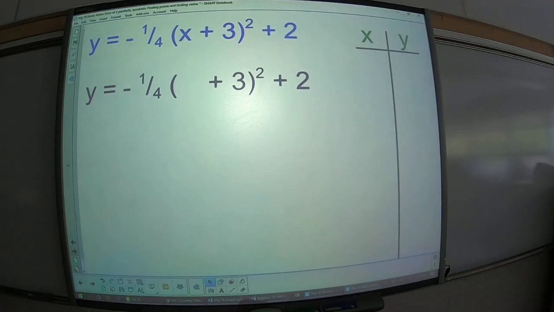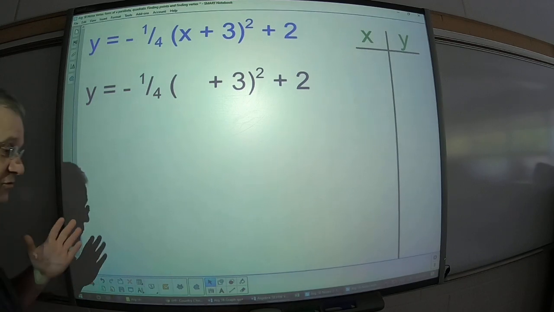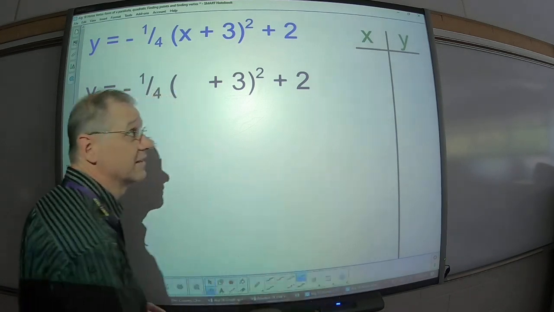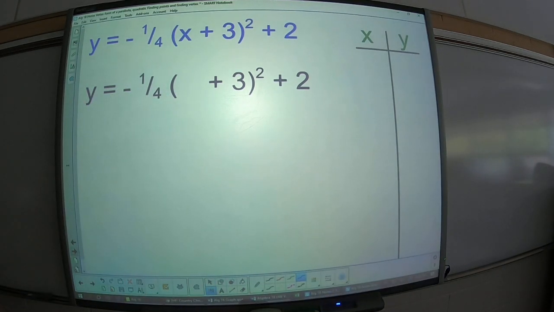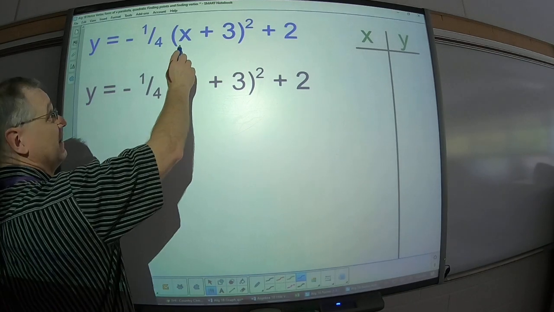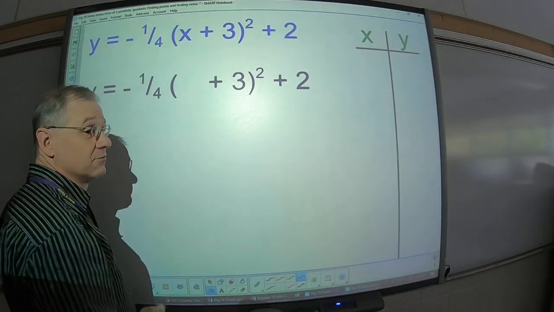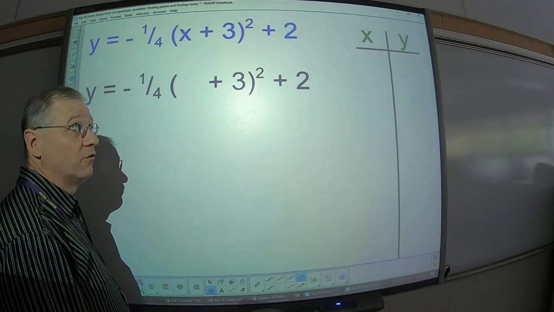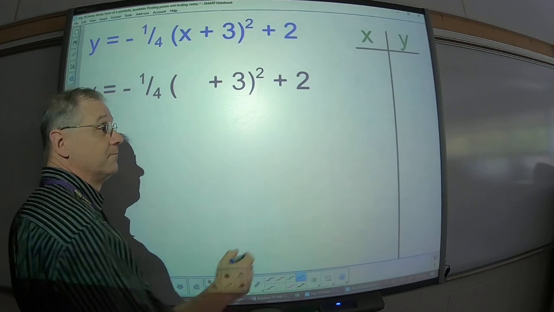Now this one looks a little tricky. -1/4. All right, let's just start without getting too hooked on the -1/4 part. What value of x makes this 0? Hopefully you said -3.